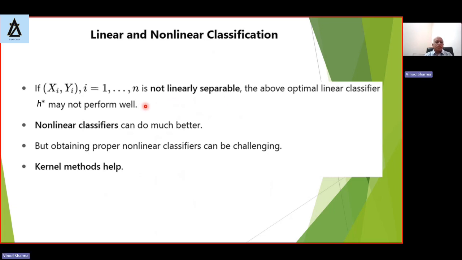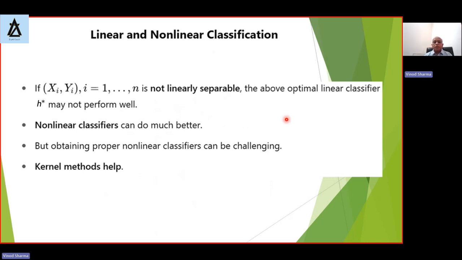However, it can happen that h star, the optimal solution obtained by that, may not perform that well because there may be a lot of mixing of the two class data. In that case, nonlinear classifiers can, of course, do much better in general.